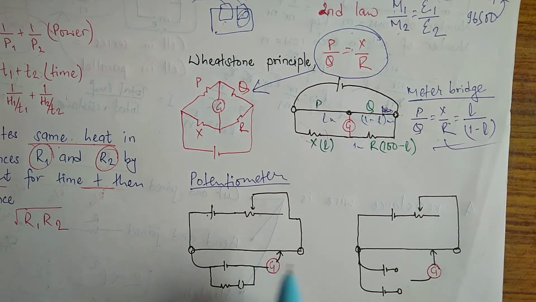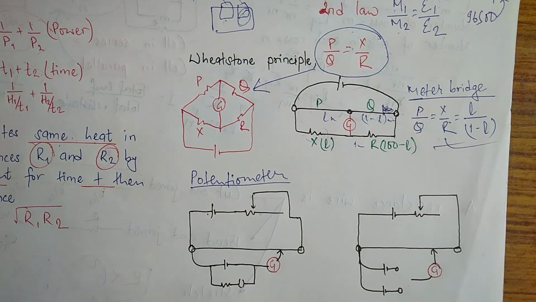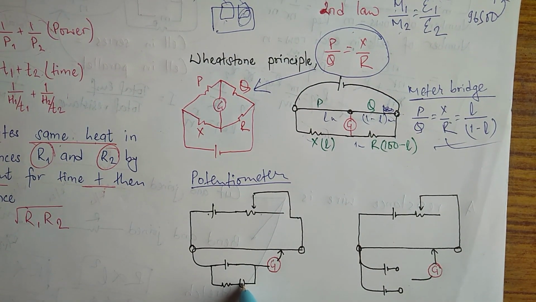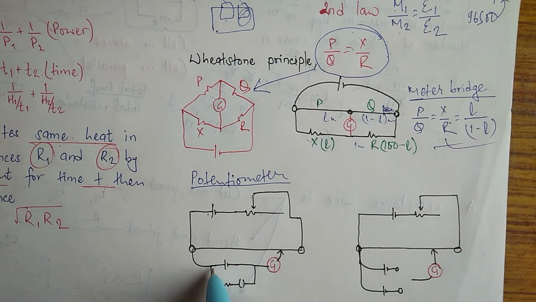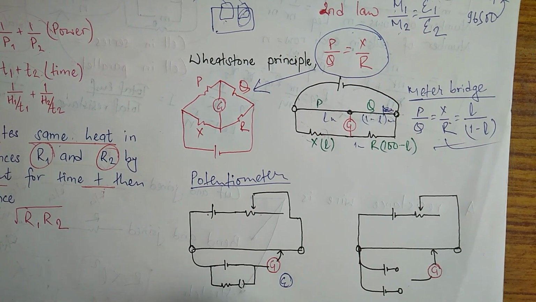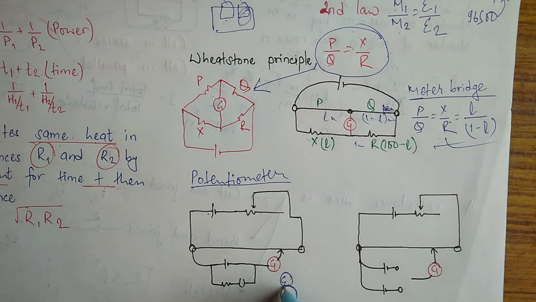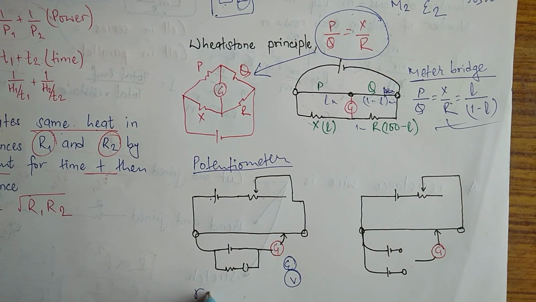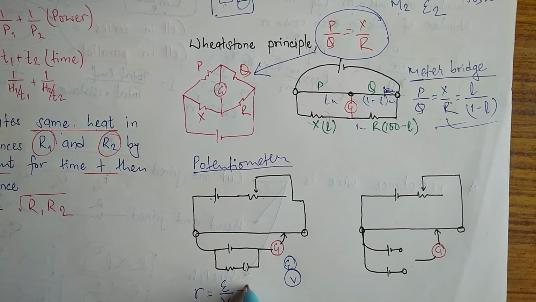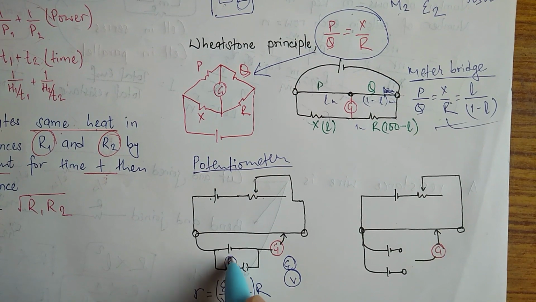And then to find out resistance, firstly the key is open, and then it will get one EMF, and when key is closed, it will get voltage. So the formula is r is equal to E by V minus 1 into R. R is this resistance.